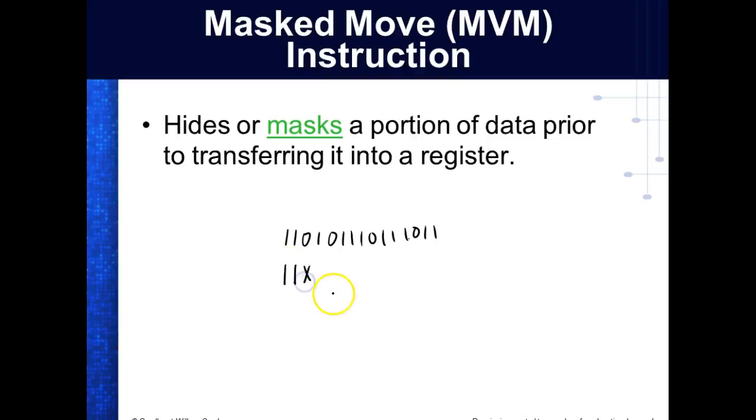I'm going to put an X right there because that one's going to depend on what? The other number that I'm ORing with. This would be a 1. I don't know about that one. This would be a 1, this would be a 1, this would be a 1. This is going to depend on the other operand. This would be a 1, this would be a 1, this would be a 1. This is going to depend on the other operand. And this would be a 1 and this would be a 1. So with an OR, we cover up the other bits with a what?